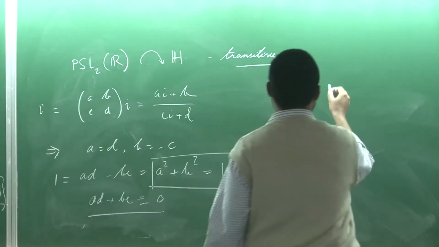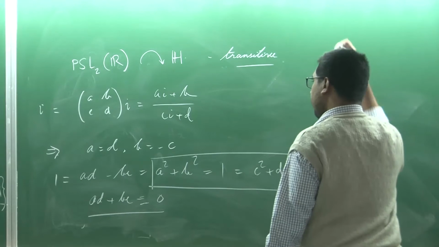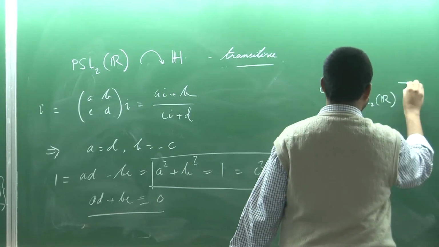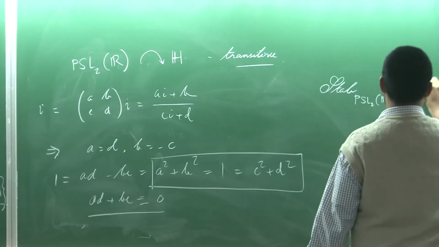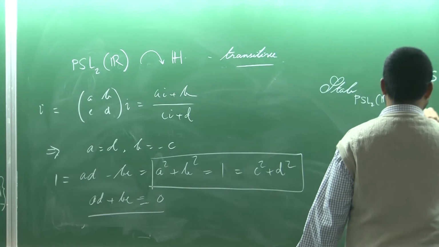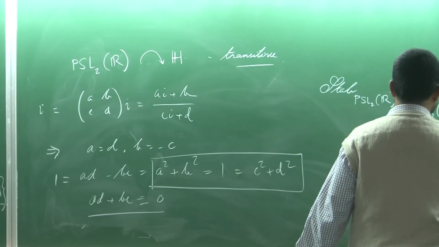So therefore the stabilizer of i inside PSL2R is PSO2R, that is nothing but SO2R modulo plus minus I2.